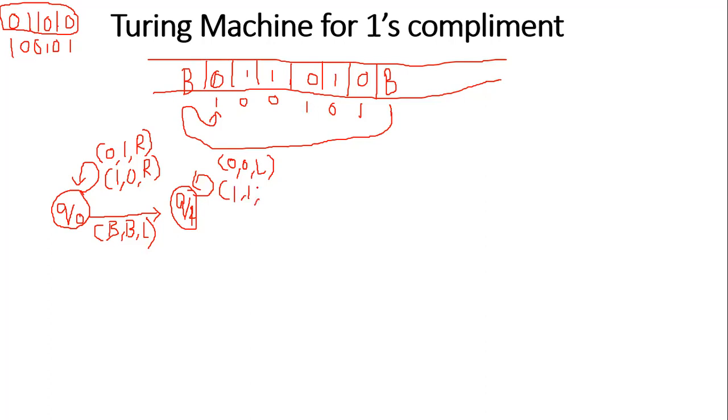Just keep moving to the left side, irrespective of whether it is 0 or 1, until you find the blank space on the left side. Once you find the blank space on the left side, just move to the right side and stop here.